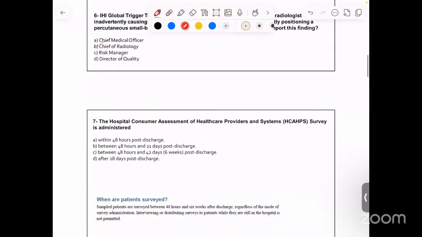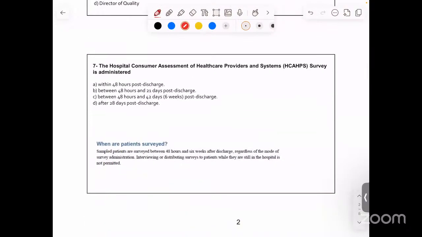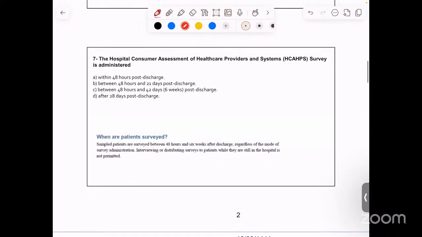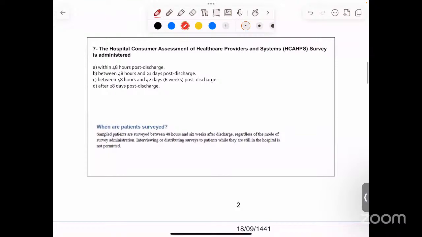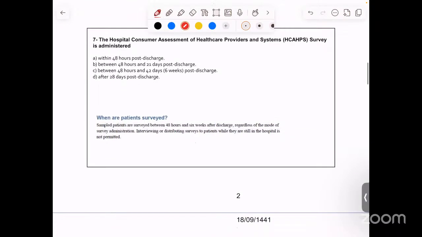Okay, number 7. The Hospital Consumer Assessment of Healthcare Providers and Systems, or the HCAHPS survey, is administered A, within 48 hours post-discharge; B, between 48 hours and 21 days post-discharge; C, between 48 hours and 42 days, that is 6 weeks post-discharge; and D, after 28 days post-discharge.